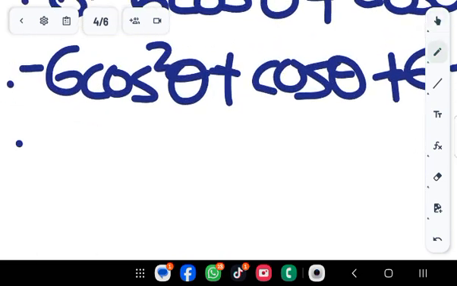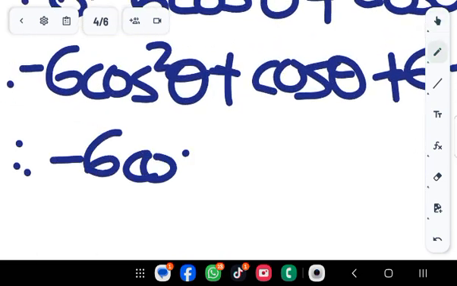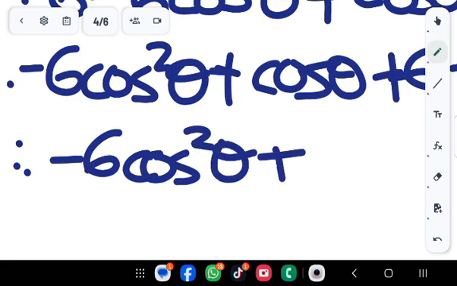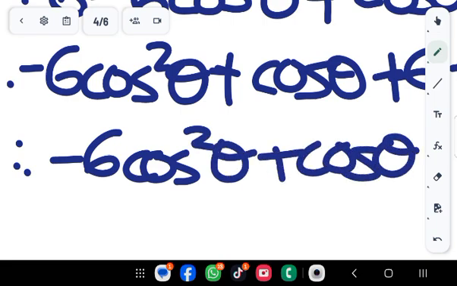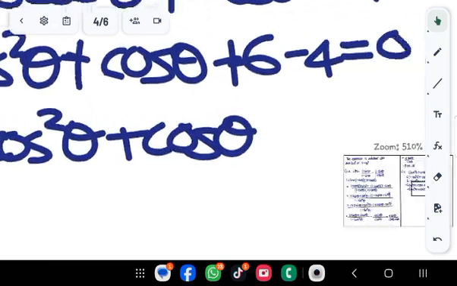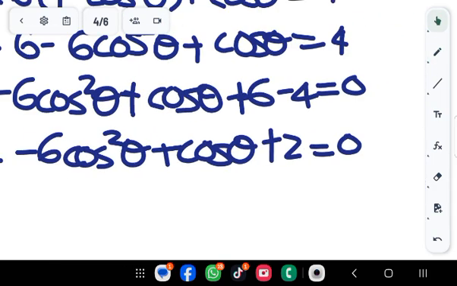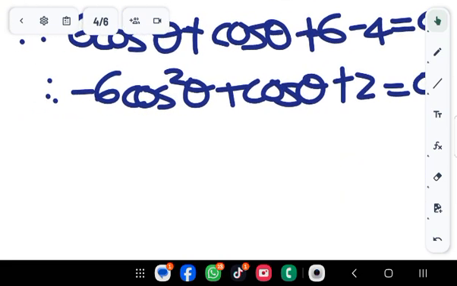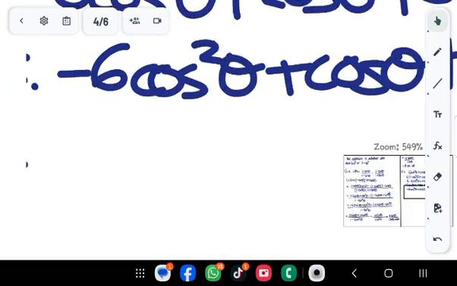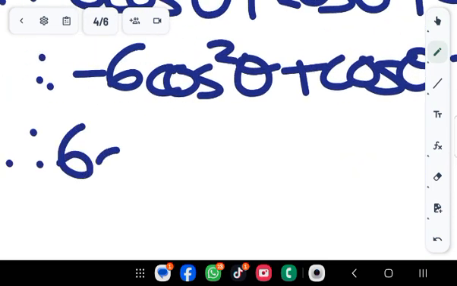That leaves us with negative 6 cos squared theta plus cos theta plus 2 equals 0. Now divide all throughout by negative so that we can have the square term positive.